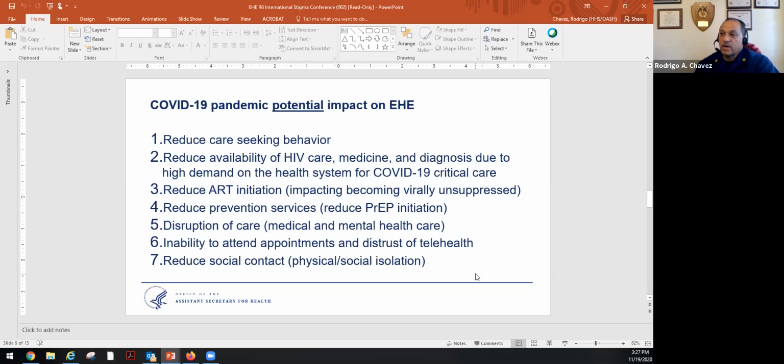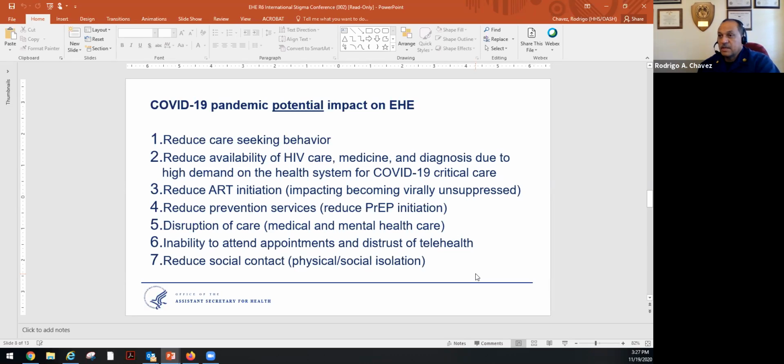The health services transferred to virtual ports, but for the initial diagnosis, there had to be some hands-on encounters that were delayed because of the closing of the economy or the reduced access to service. Also, there was a reduction of prevention services. People did not have the same availability of initiating preventive medication for HIV, which is PrEP treatment.